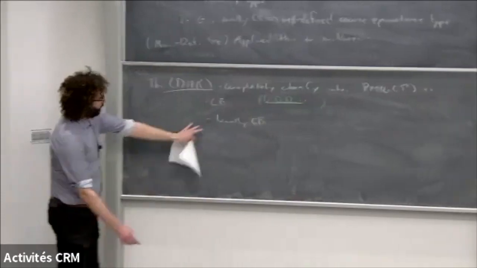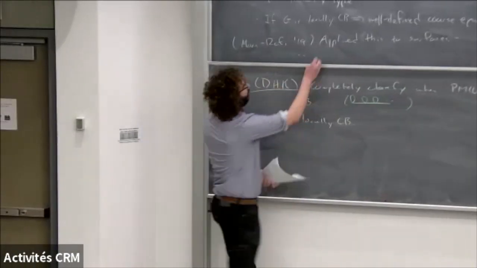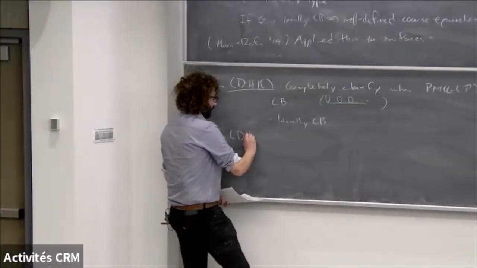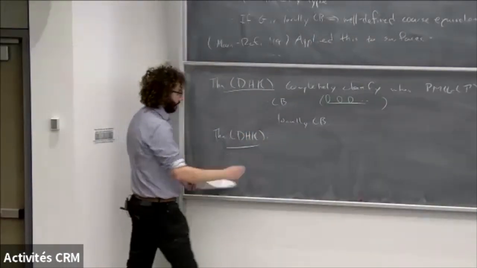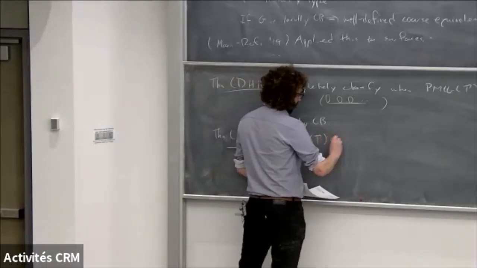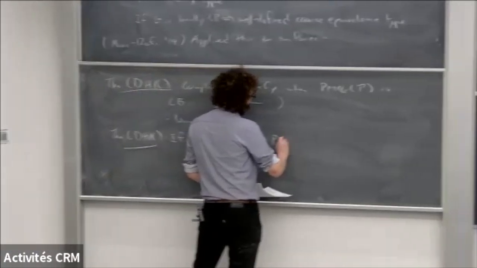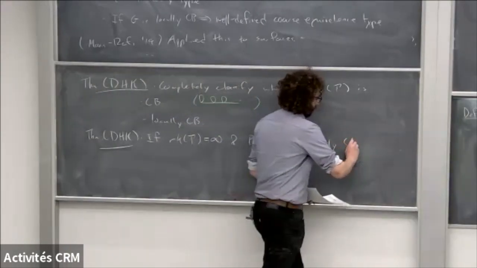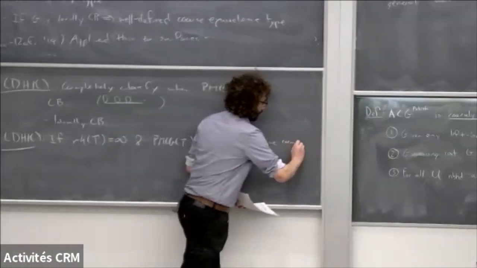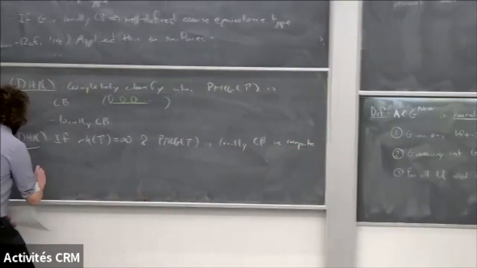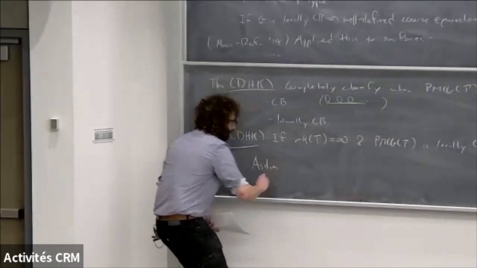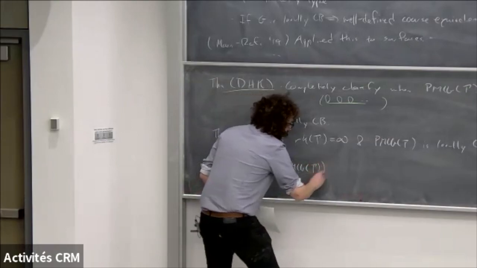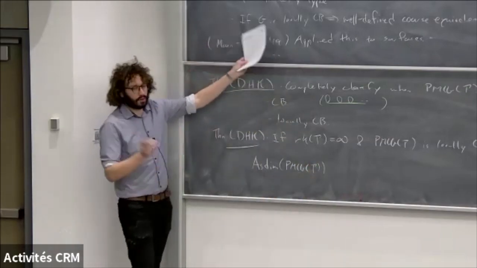But for us, having locally CB, we could already start doing some coarse invariance. And that's the second piece: if the rank of gamma is infinite, and this pure mapping class group is locally CB, we compute the asymptotic dimension. This is some coarse notion of dimension, and it's not just a quasi-isometry invariant, it's also a coarse equivalence invariant.